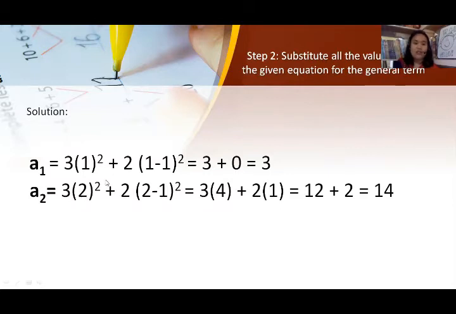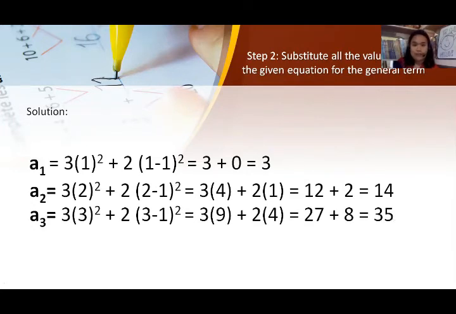So when we say exponents or raising the number to a certain number, you have to multiply it by itself. So for example, we have this one. 2 times 2, that's equal to 4, right? Kaya meron tayong 3 times 4 dito. And then, of course, 2 minus 1 is 1. 1 raised to 2 is 1. So combining this, we have 14. That's for the second term.